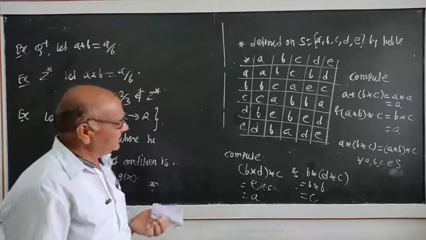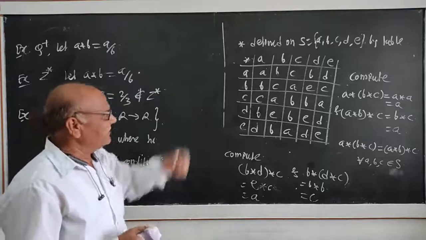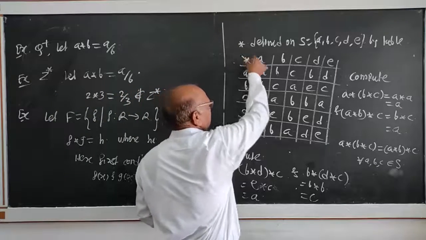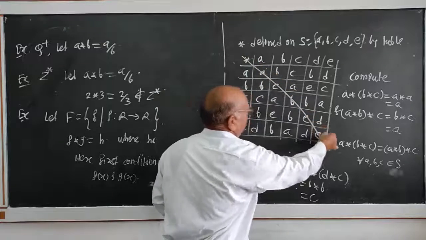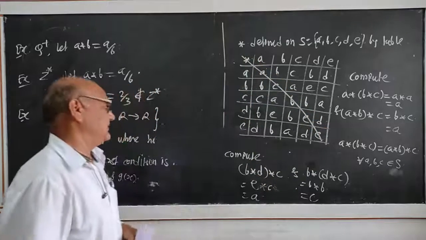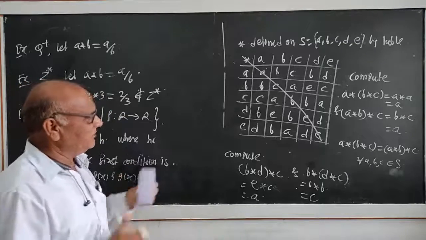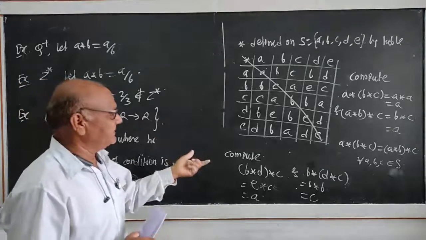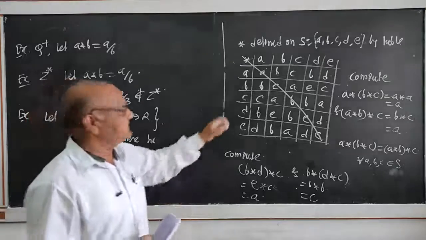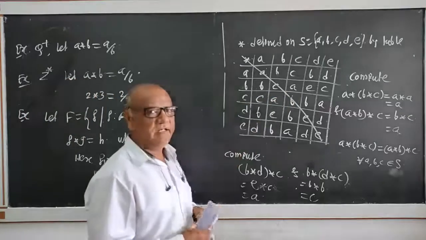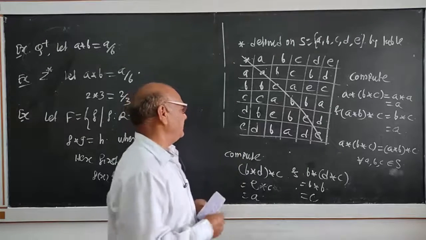From this table, here is a star binary operation. We know to draw the main diagonal and look at it. If the table is symmetric, then star is commutative. If the table is not symmetric, then star is not commutative.